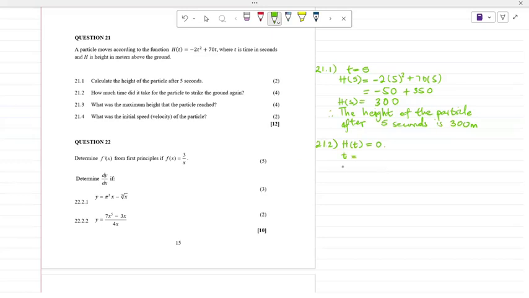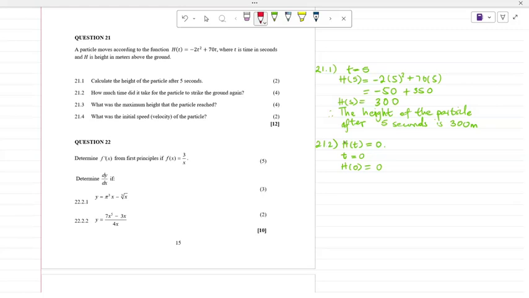So h of 0 is going to give me 0. And then at some point, since the particle follows a quadratic projectile motion, after some seconds, the particle will return to the ground. So the question asks us to find that other particular time.